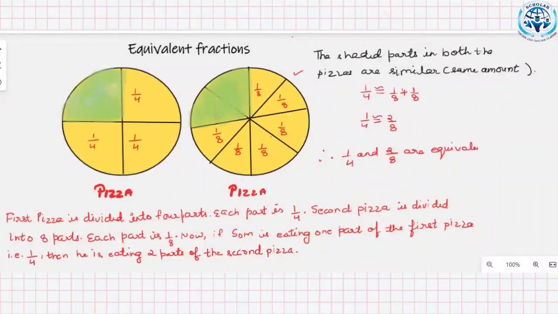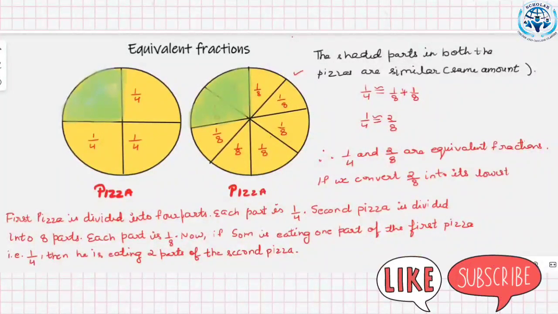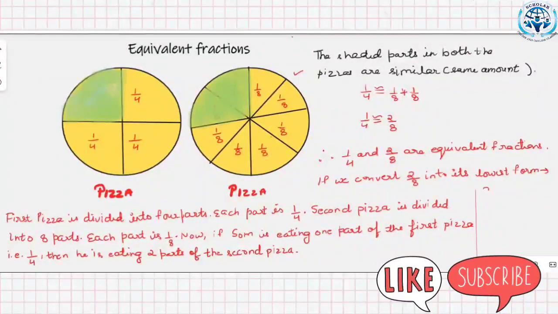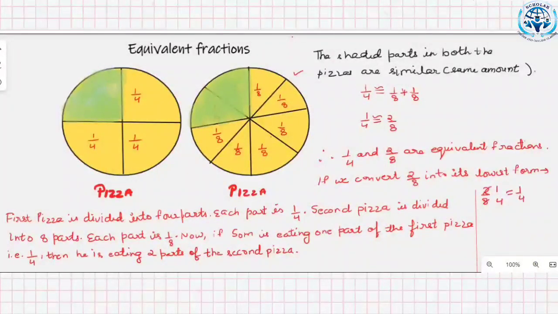That means the fractions which represent the same amount are equivalent to each other. 1 by 4 is the lowest fraction. We can convert 2 by 8 to the lowest fraction in this way. 2 ones are 2, 2 fours are 8. 1 by 4.